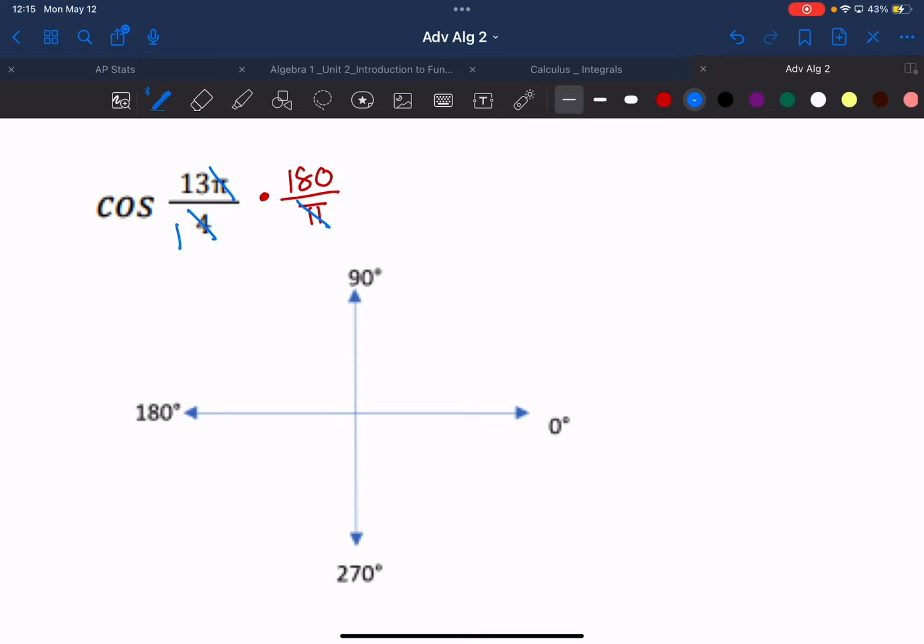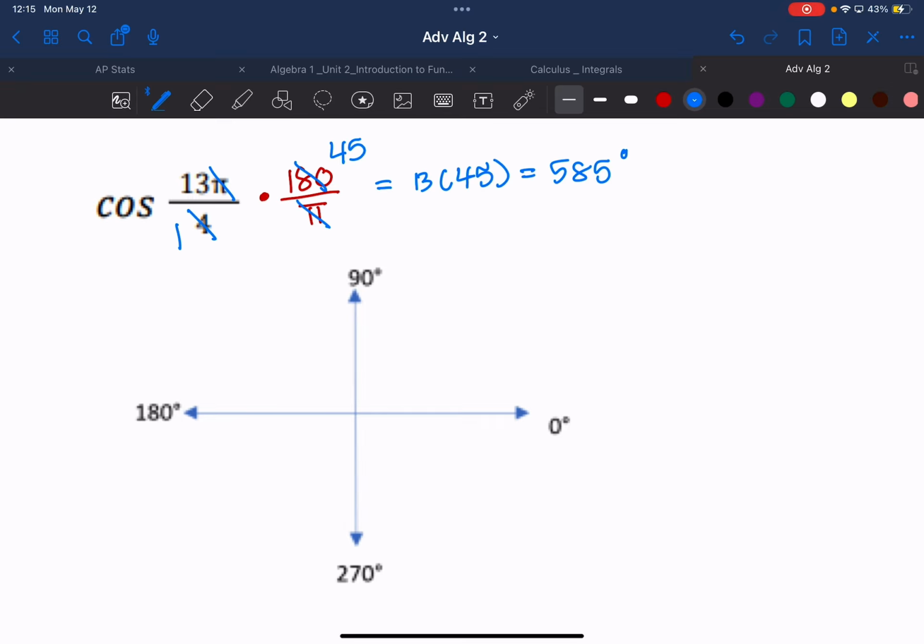And when I do that, I am left with 45. And then I just multiply across to get my answer. So I have 13 times 45, which is 585 degrees. Okay, and then notice it's over 1 because 1 times 1 gives us 1.